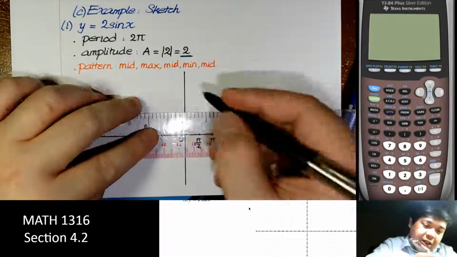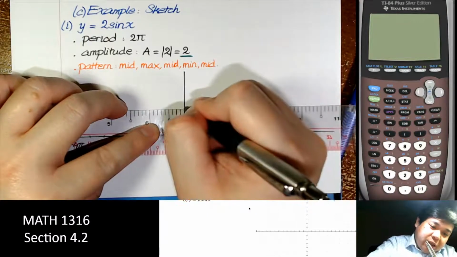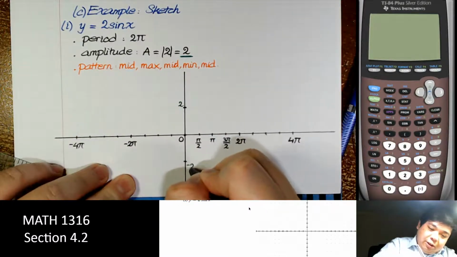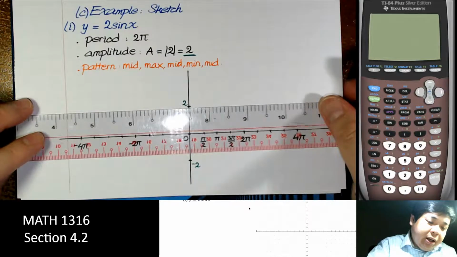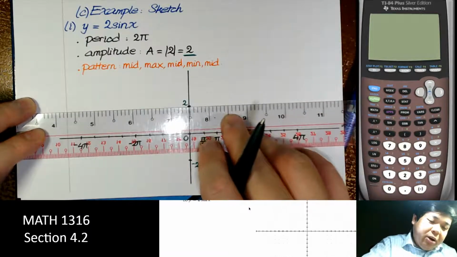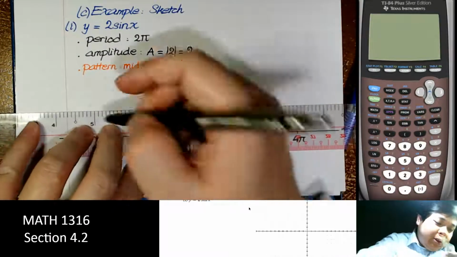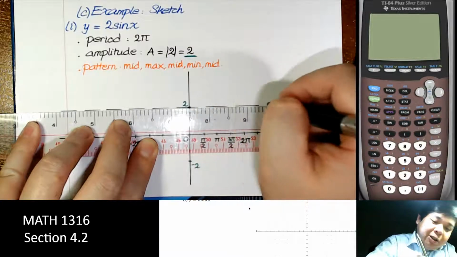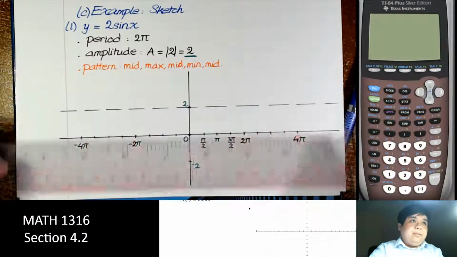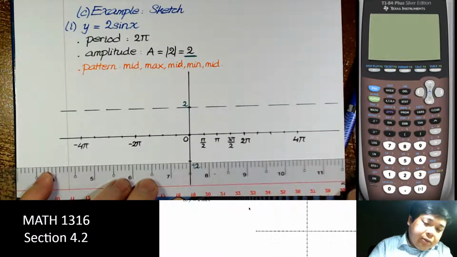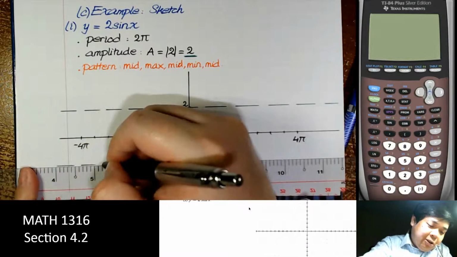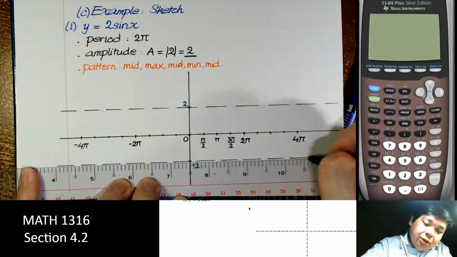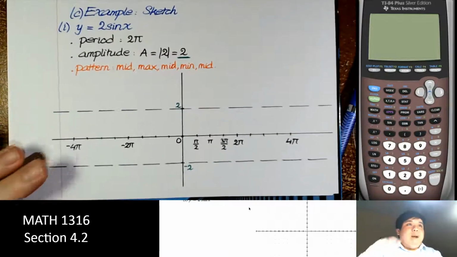So we just say, let's say 2 is here, and then negative 2. So the graph will bounce between the maximum of 2 and the minimum of negative 2. So it's bounded between negative 2 and 2.